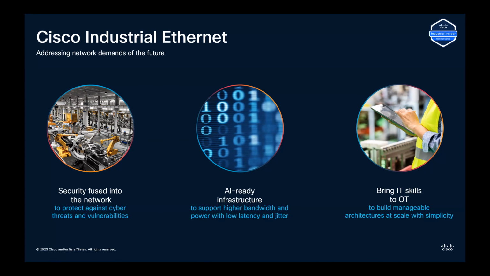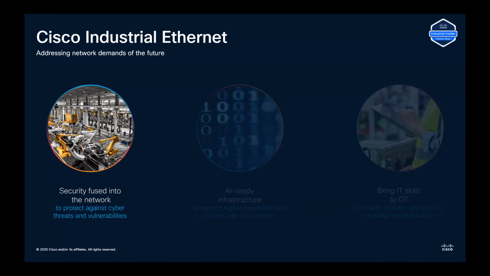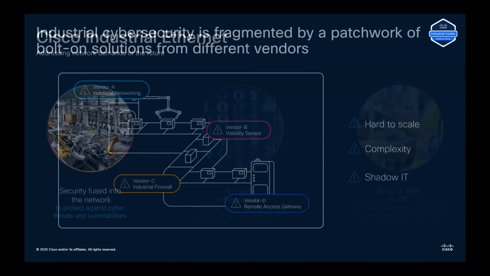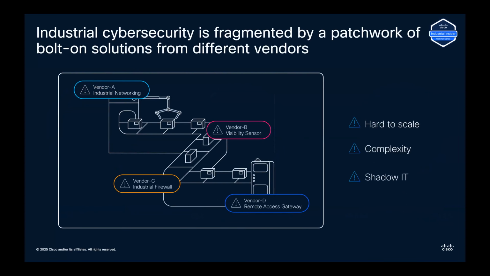So let's see. Let's talk about one thing at a time. So I'm going to talk a little bit about the security and how we are bringing security and fusing it into the network. If you look at how traditional security has worked in industries, you will see that the solutions have been very much fragmented.